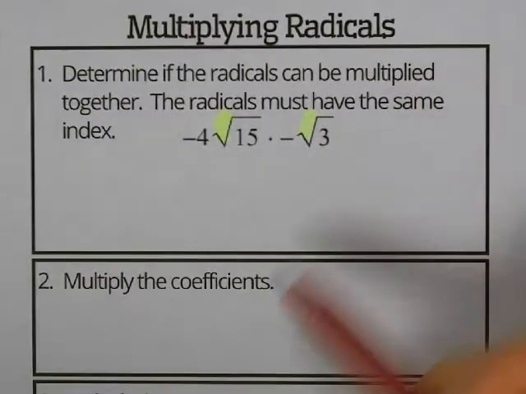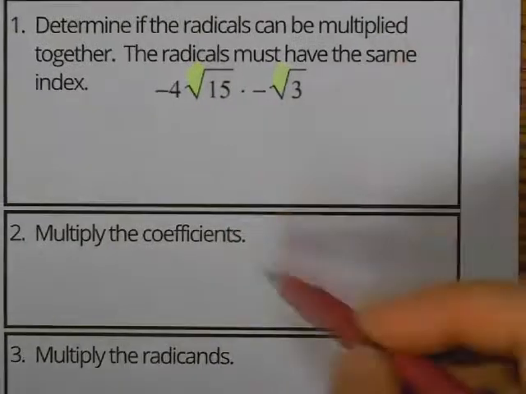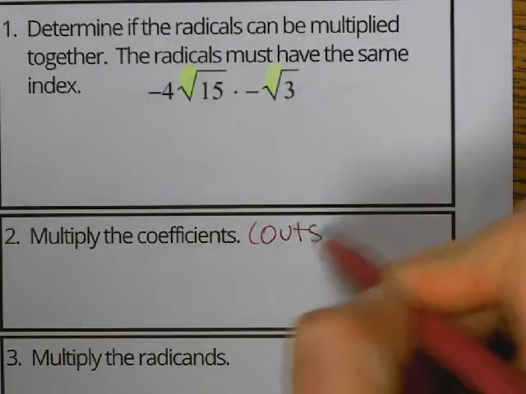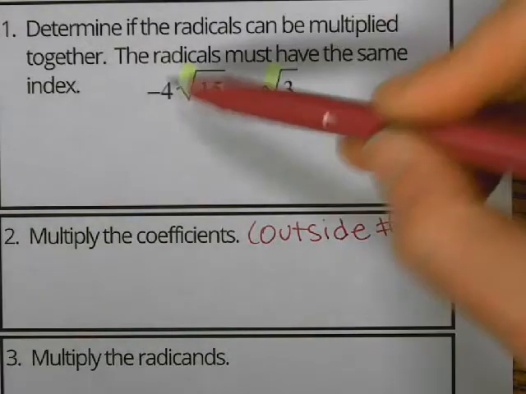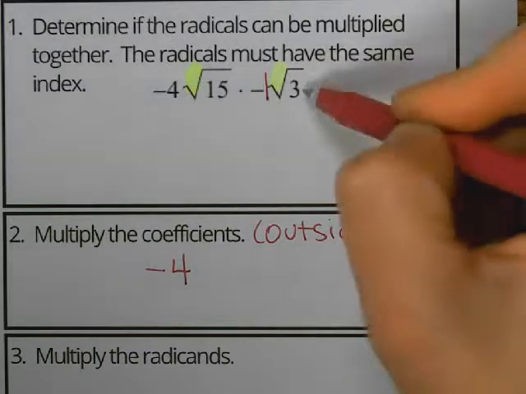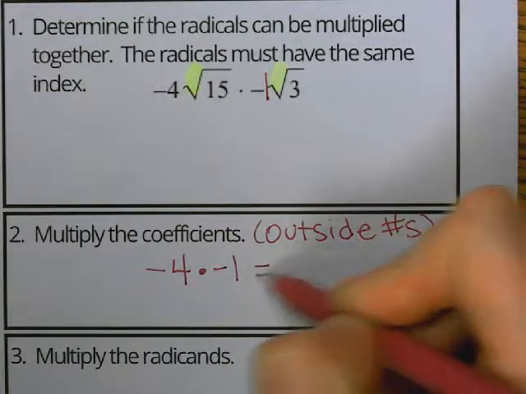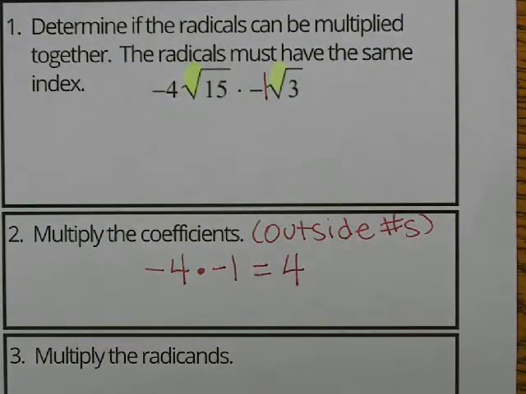So we're going to move on to the next step, which is to multiply the coefficients. Remember, the coefficients are the numbers outside the radical. They're the outside numbers. So a -4 is outside on that one, and a -1 is outside on this one. -4 times -1 is just +4.